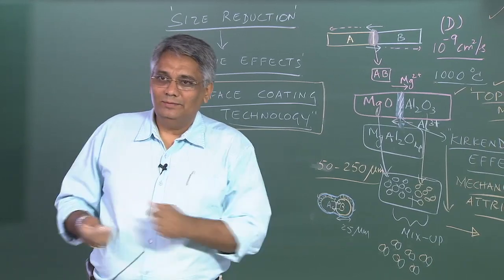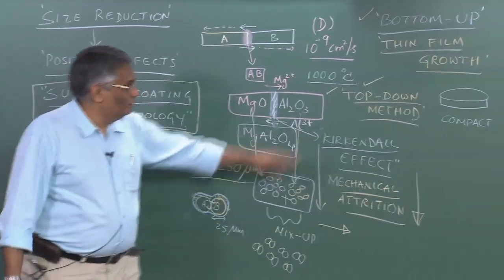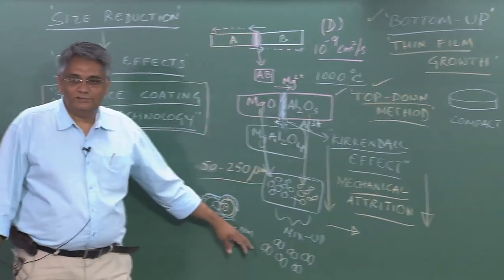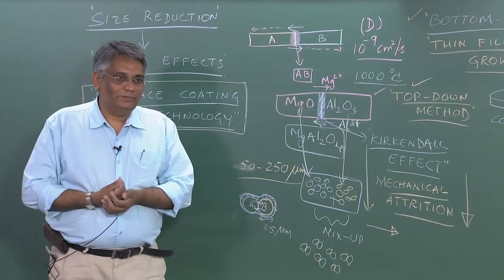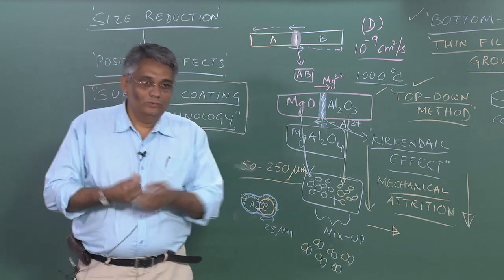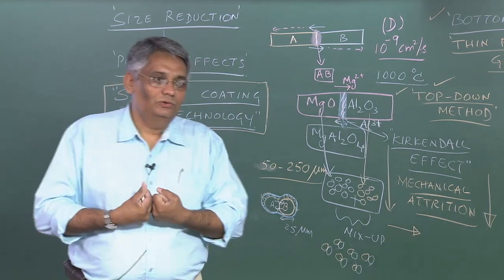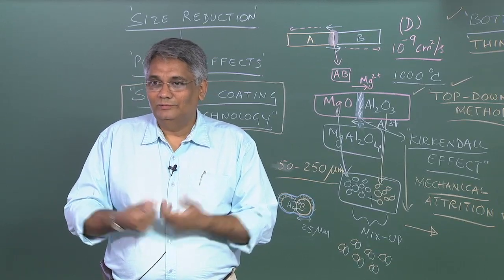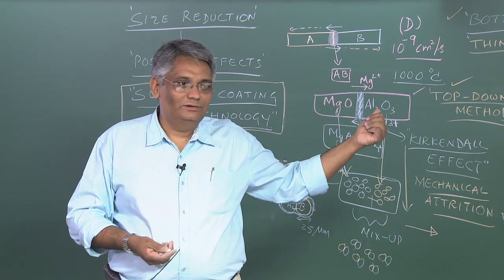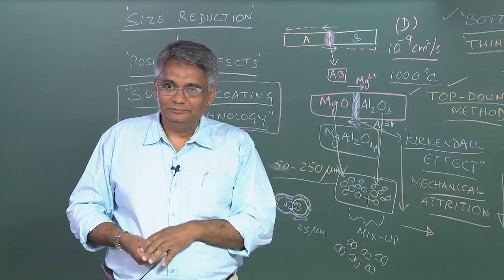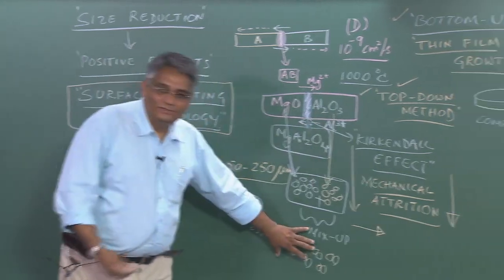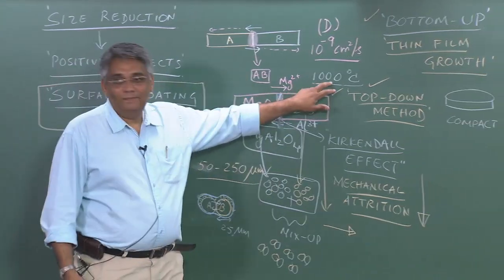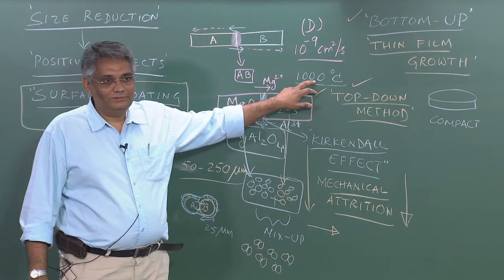So most of the ceramics are obtained in powder form. And how do you get this compact? You take these powders, compact them with high pressure, and then you have to make these particles coalesce. They have to agglomerate. Otherwise, you don't have density in the bulk material. So this process of coalescence happens at elevated temperatures, at higher temperatures.